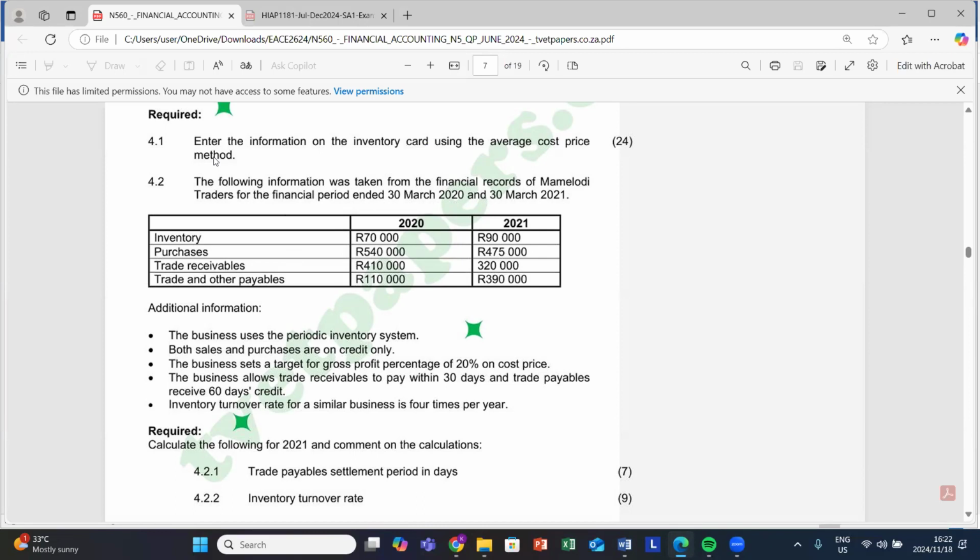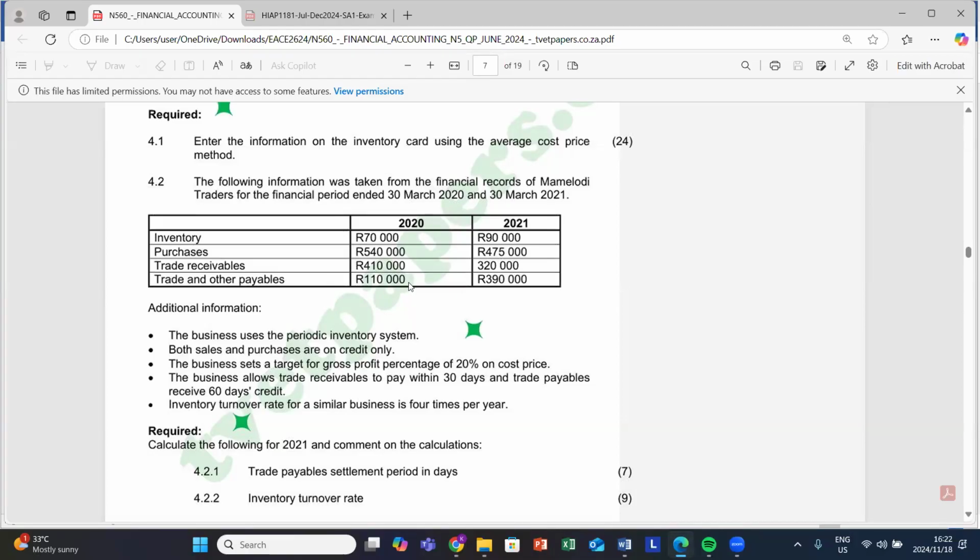They said the following information was taken from the financial records of Melody Traders for the financial period ended on the 30th of March 2020 and 30th of March 2021. So the financial year commences in 2020 and ends in March 2021.